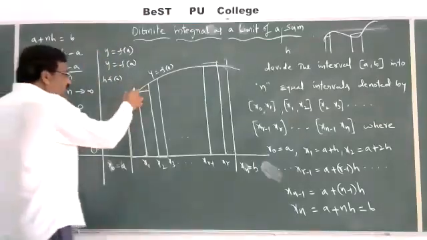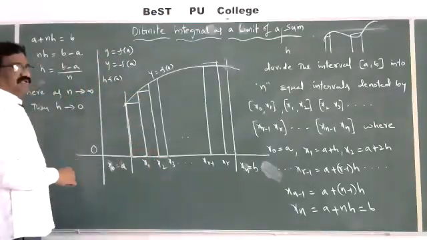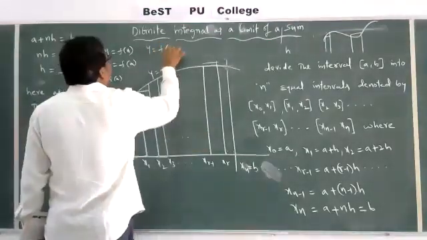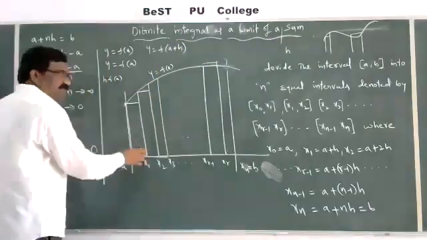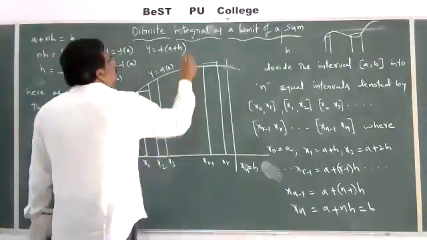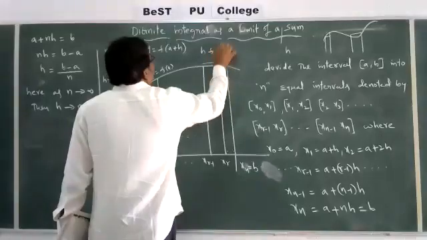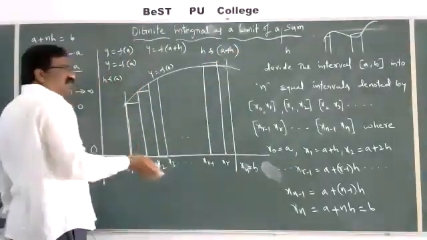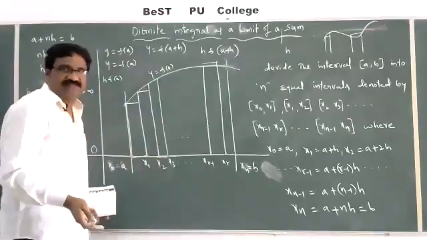Like that, this length is f of x1. F of x1, where x1 is a plus h, that is y is equal to f of a plus h. This breadth is h. So the area is h into f of a plus h. Like this, the next area is f of a plus 2h into h.